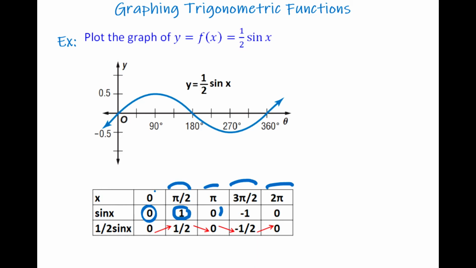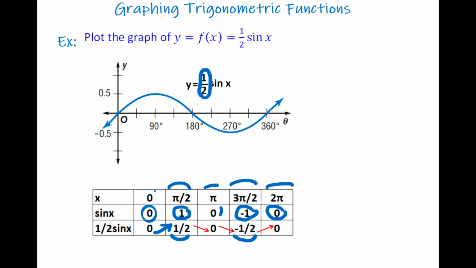Sine 3 pi over 2 is negative 1. And sine 2 pi is 0. So if you multiply those values by 1 divided by 2, because our function is multiplied by 1 divided by 2, 1 becomes 1 divided by 2. Negative 1 becomes negative 1 divided by 2. If you compare those values from 1 to 1 divided by 2, the function is decreasing in height, guys.